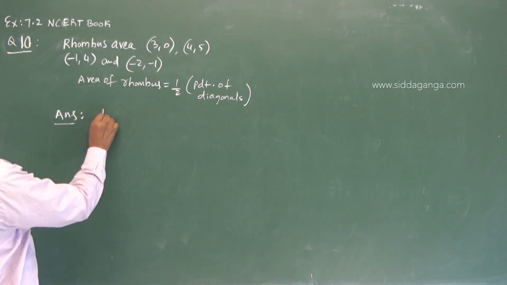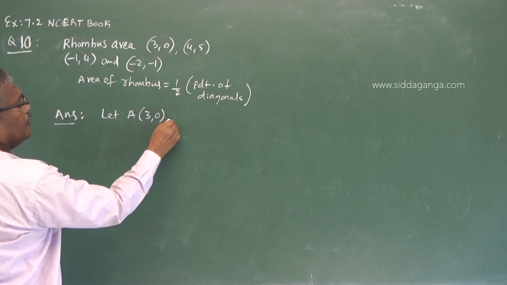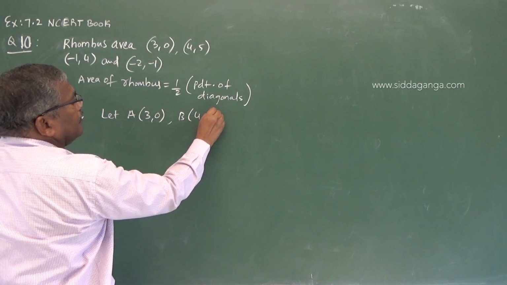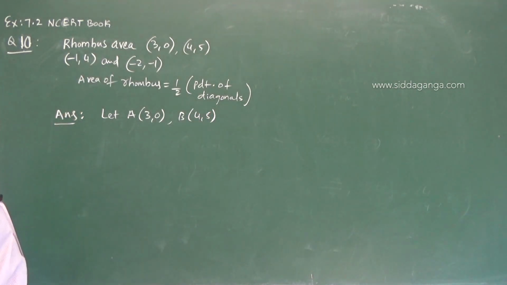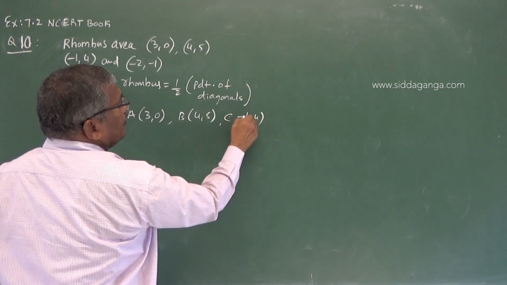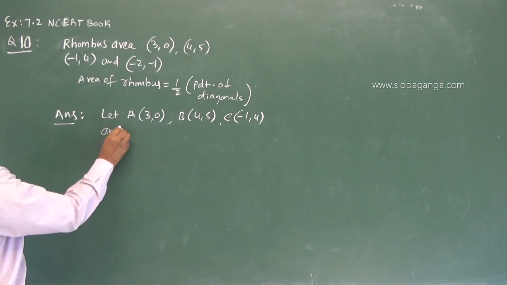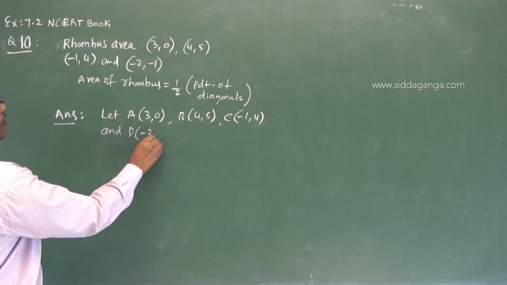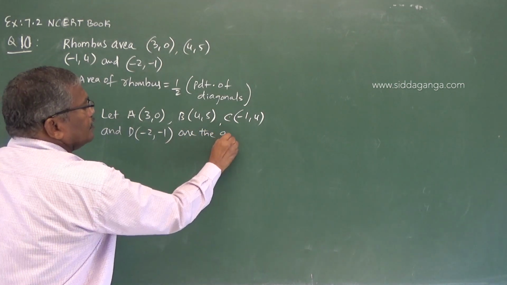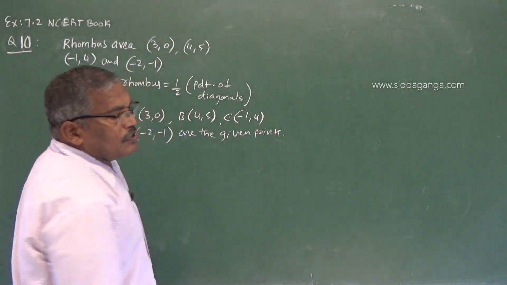So let A (3, 0), B (4, 5), C (-1, 4), and D (-2, -1) be the given points, the vertices of a rhombus, of course.